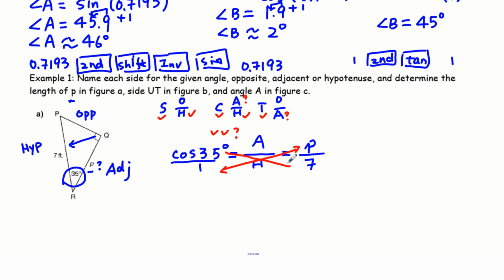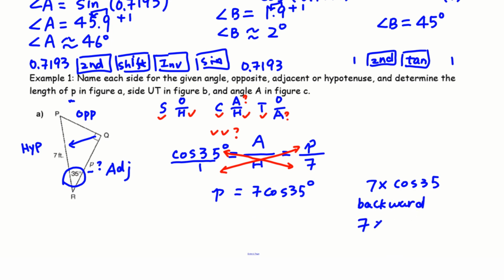Cross multiply: P times 1 gives you 7 times cosine 35 degrees. If your calculator is a regular calculator, you just type in 7 times cosine 35. If your calculator is a backward calculator, then you need to type in 7 times 35, then cosine, then equals.